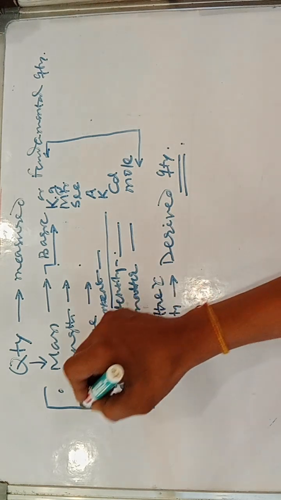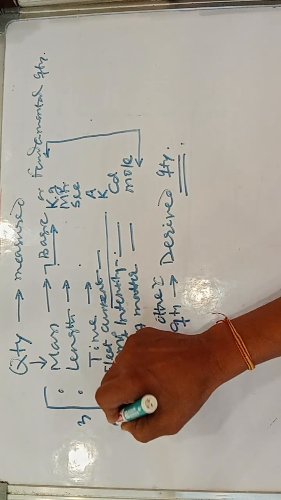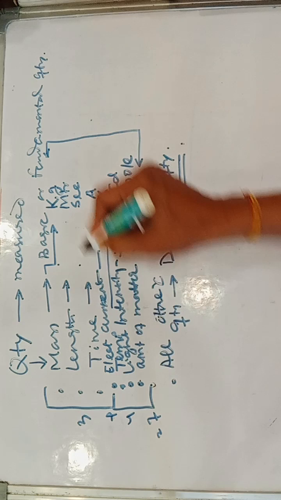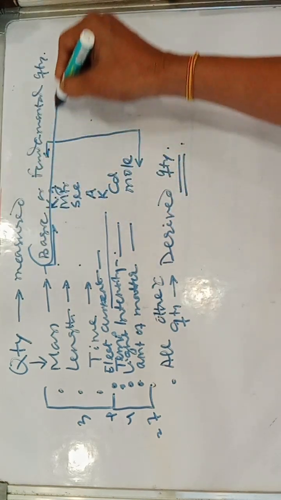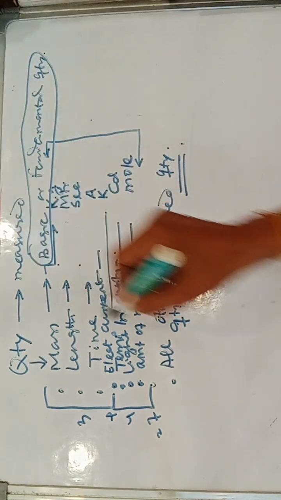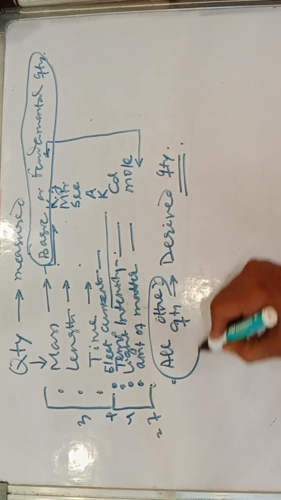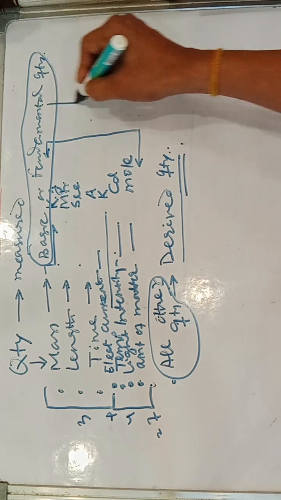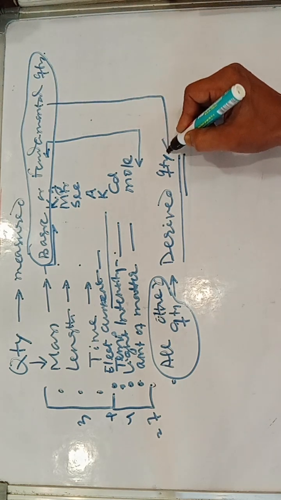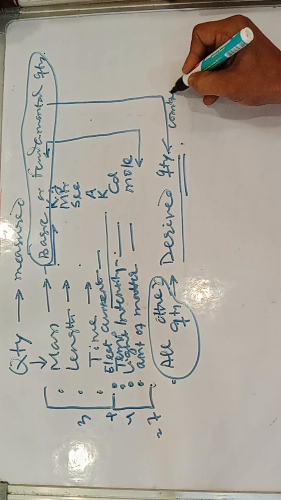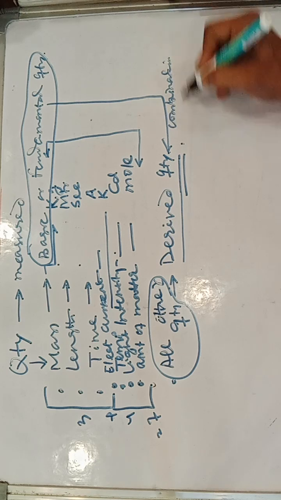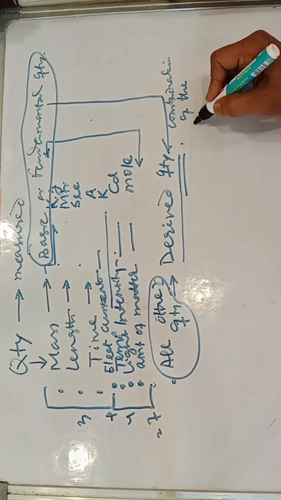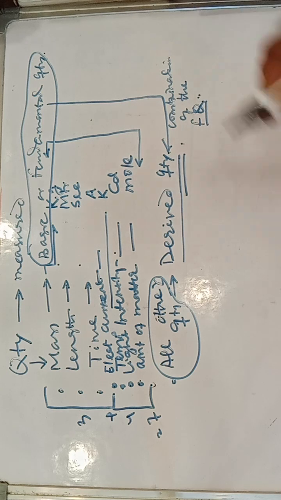Now we have 3 plus 4, total 7 basic or fundamental quantities, and all other remaining quantities will be termed as derived quantities. These quantities will be a combination of these fundamental quantities.